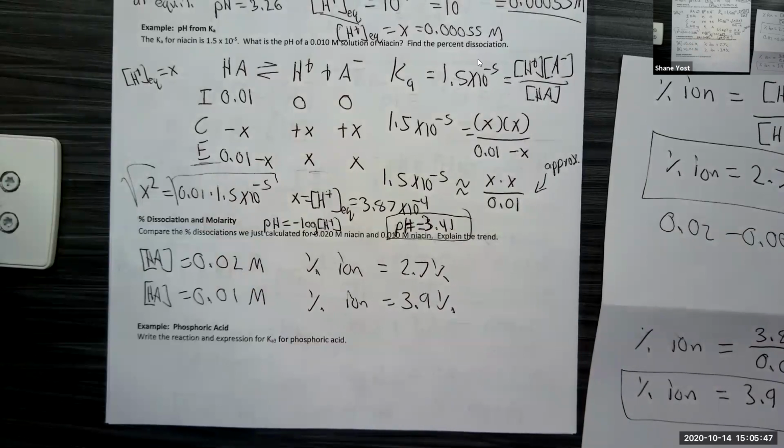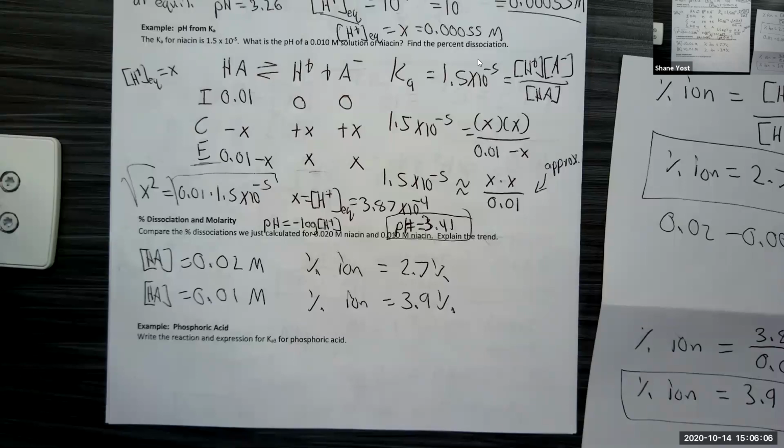And again, that approximation works out just fine for most problems. Any problem we're going to be dealing with, like on a quiz or an exam, you'd be able to use that approximation and not worry about it.